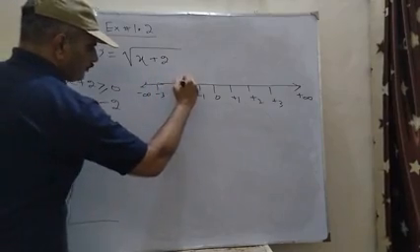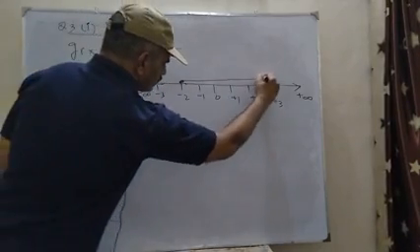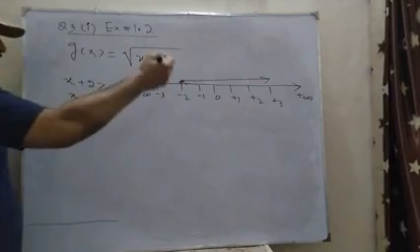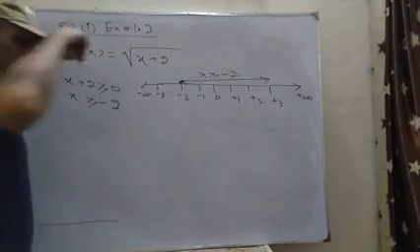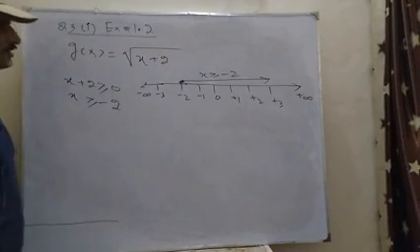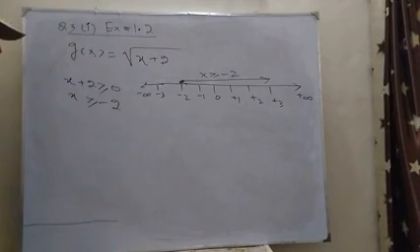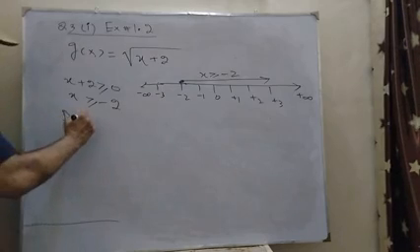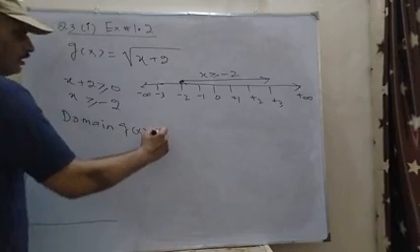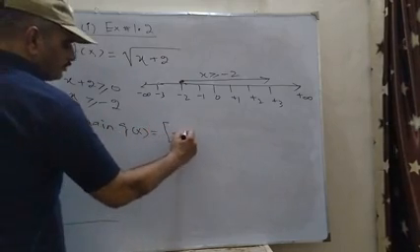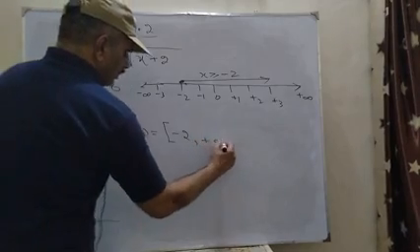So if you move towards the right side, you can choose any value. Minus 2 is included, and you will get a positive answer. So our domain of this function will be minus 2 to plus infinity.